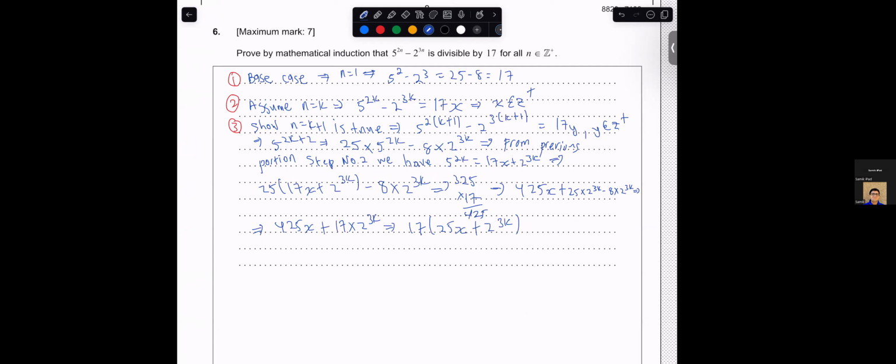Perfect, because we had our original value as 25x plus 2 raised to the 3k. We are simplifying it, so we can leave it at that, and we can say this is our 17y value.